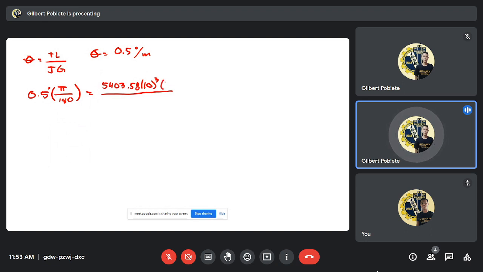Times the length, lang natin is per meter. Meron tayo pi over 32 times DO raised to 4 minus DI raised to 4 times 83,000. Kaya makuha natin si DI dyan.